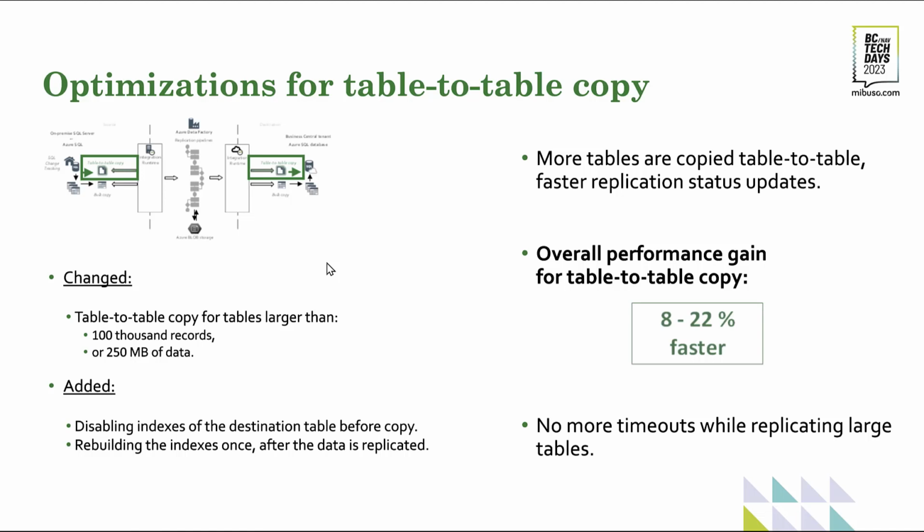And our test measurements showed 8 to 22% performance benefit for the new process compared to the old way of inserting the data with all indexes enabled. Because both the cleanup of the target table and the data copy now happen with no active indexes, the replication runs are much faster, and this allowed us to prevent the timeouts for the large tables replication.